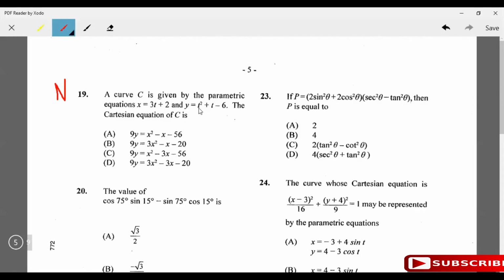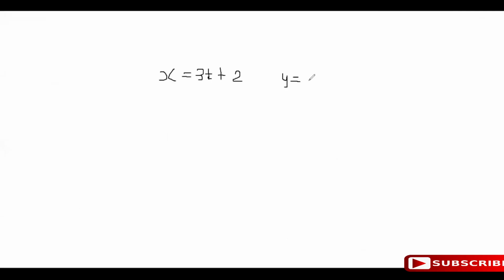It says y is equal to t squared plus t minus 6. All right. So that's what they said. And they want the Cartesian equation. Cartesian equation is y written in terms of x.